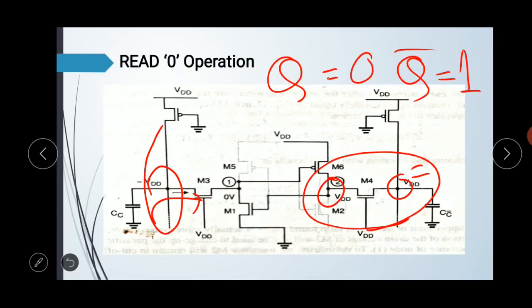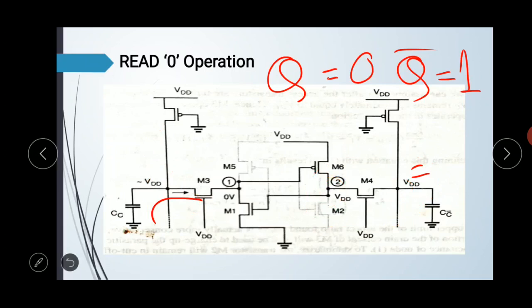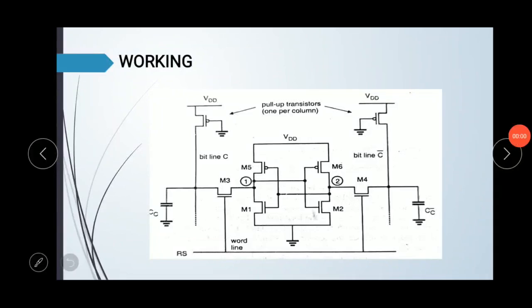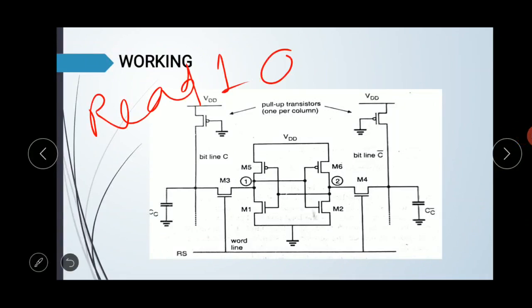Only at the bit column does the voltage decrease, and that decrease of the bit column is interpreted as the read 0 operation. So let's discuss the read 1 operation, then it will be easier for you to understand. For read 1 operation, initially we assume Q equal to 1 and Q bar equal to 0.